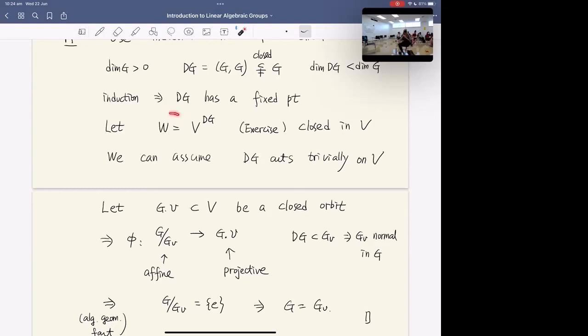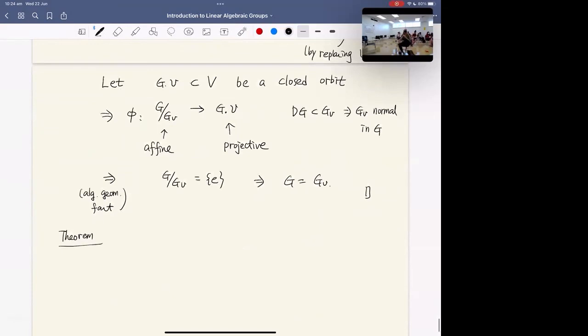Here we have produced a new projective variety, and it's non-empty, because DG has a fixed point. It is a projective variety because it's closed in V. So I can now replace V with W and just consider the G action on W, where DG acts trivially. If I can produce a fixed point in W, then I produce a fixed point in V, right? Okay.